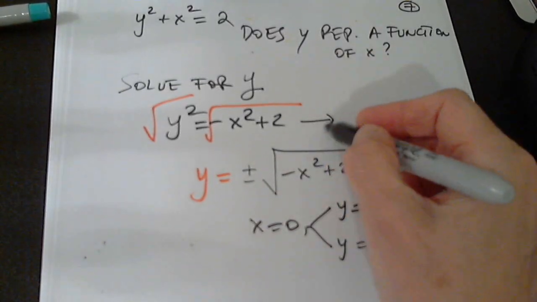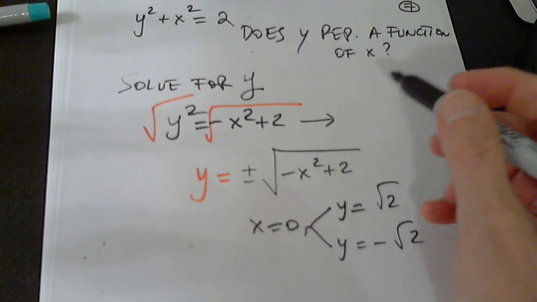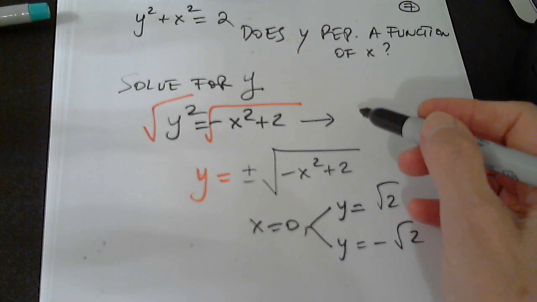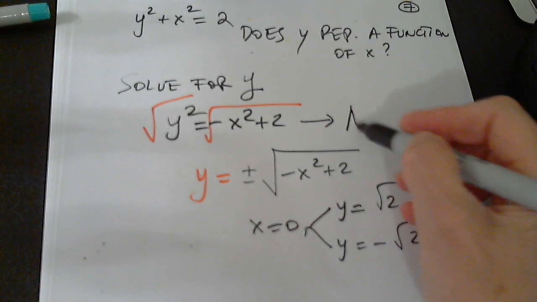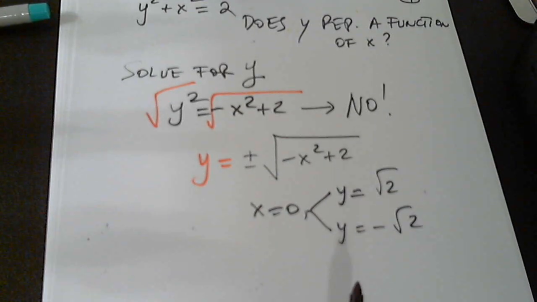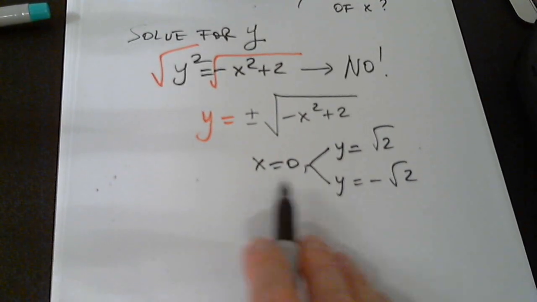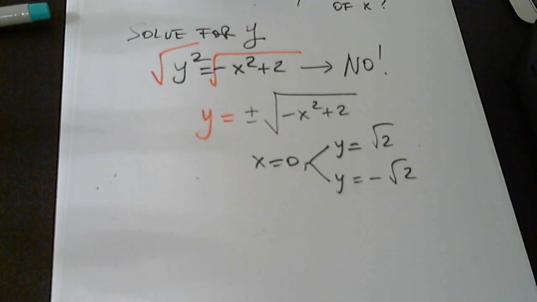Is this a function of x? Yes or no? No. It's not a function of x because I found one x value that corresponds to 2 different y values. That's not allowed for a function.